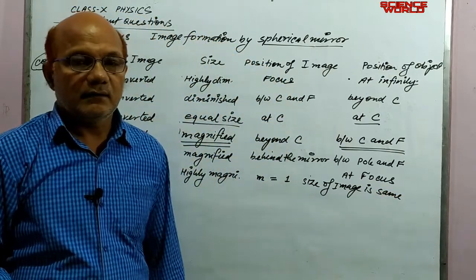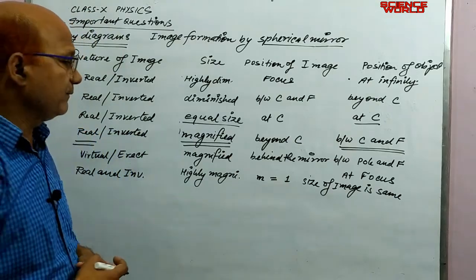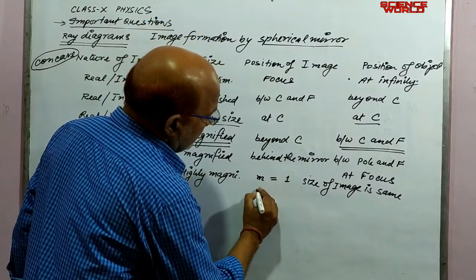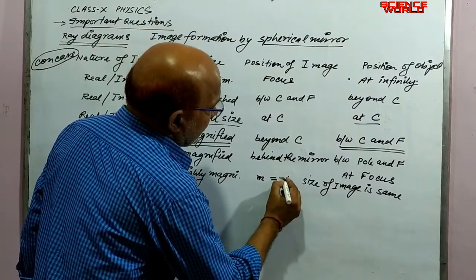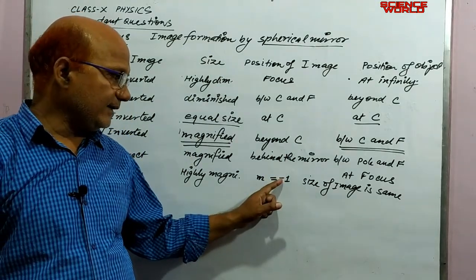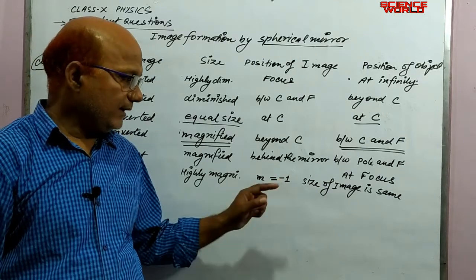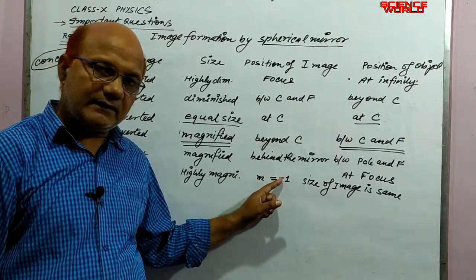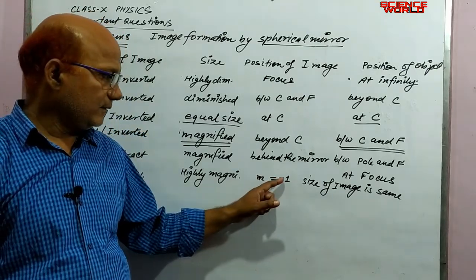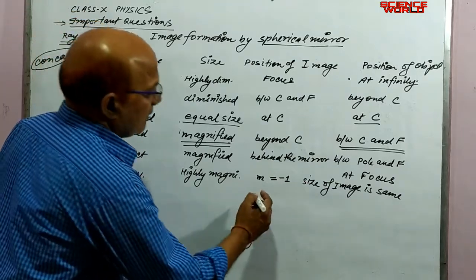Okay, if magnification is 1, and if magnification is -1, what does it mean? This minus sign tells about the nature of image. Okay, so for minus sign, the nature of image is real and inverted.